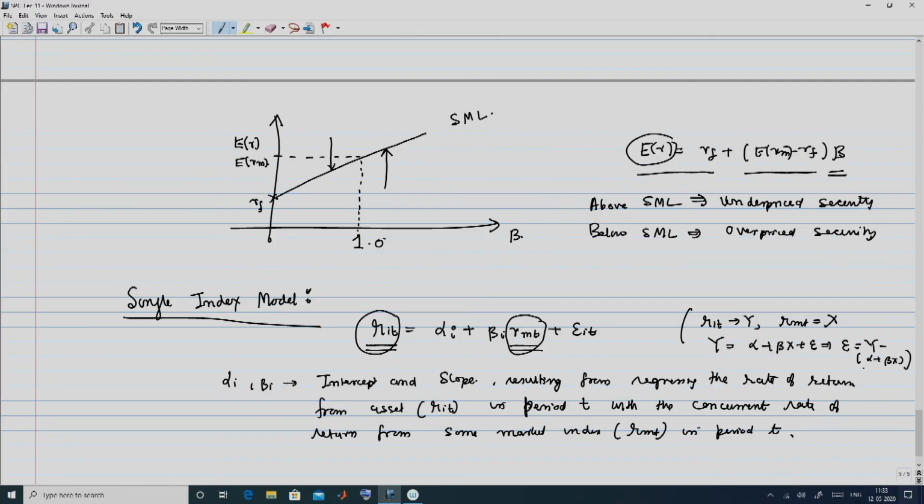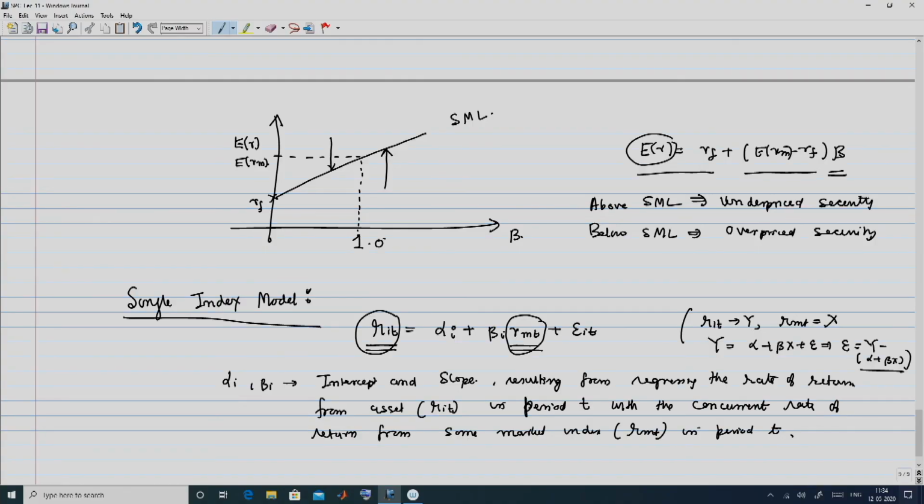Okay, so here remember this alpha plus beta x will give a linear approximation to the return on the asset I, and then the difference between the actual value y, the actual return RIT, and the one that is given by this linear regression form of alpha plus beta into x, that is going to be the error.